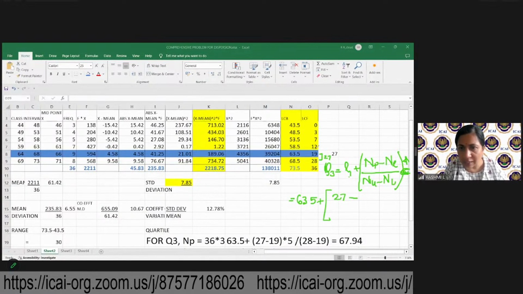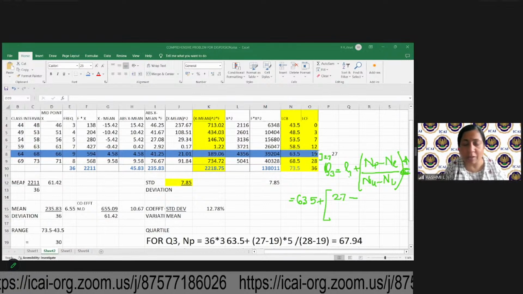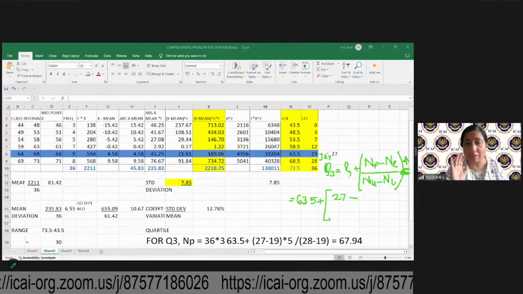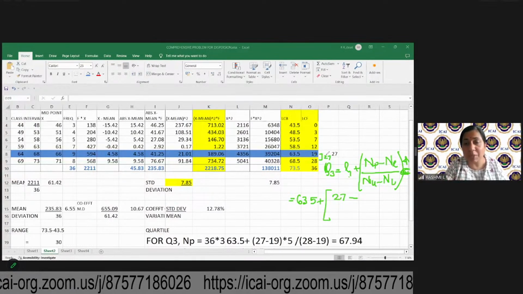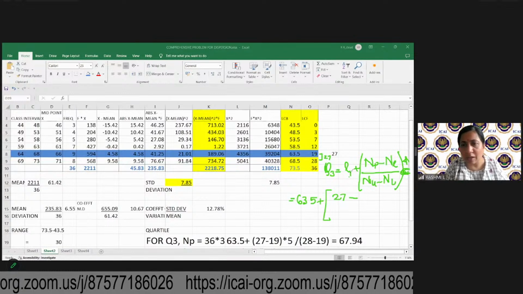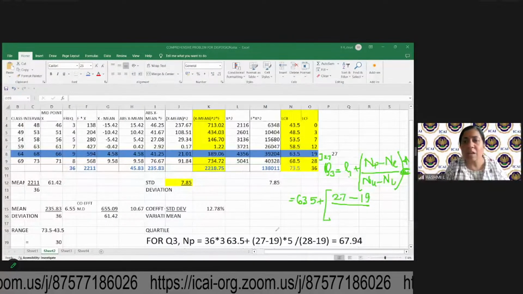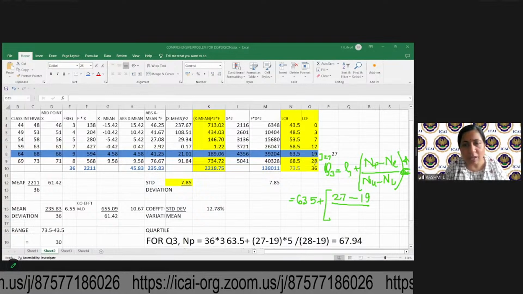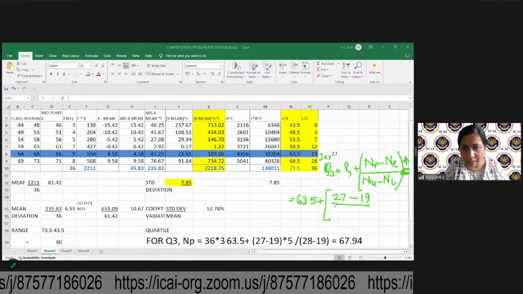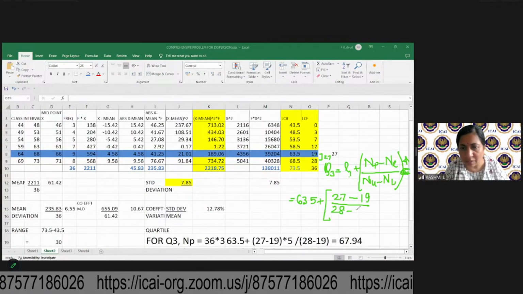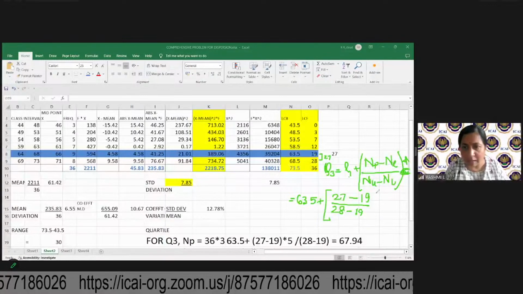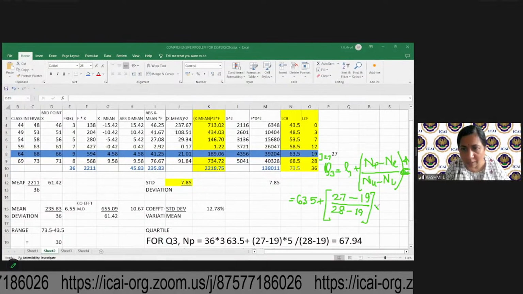NL is how much? 19, the lower cumulative frequency of the pre-median class. NU is the cumulative frequency of the post-median class, that is 28. NU minus NL is 28 minus 19. What is the class width?